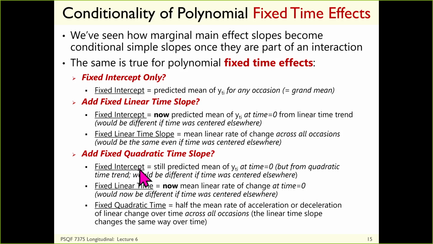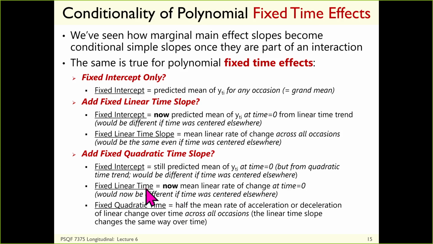If I then add a fixed quadratic time slope to the model, the fixed intercept stays the same conceptually. It is still the predicted outcome at time zero, but now it's predicted by a bendy line, not a straight line. So the prediction should be different, because the function that time zero is going through is going to be a different function. But conceptually, it's still the same idea. The switch is what fixed linear time means.